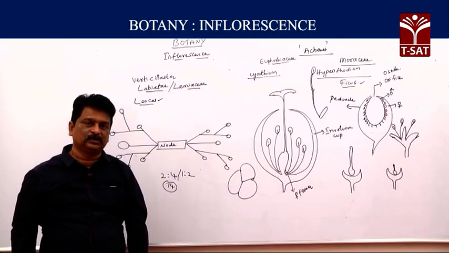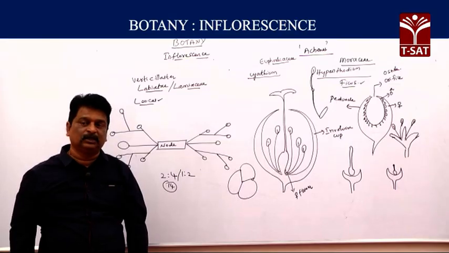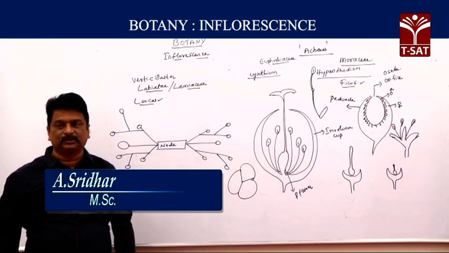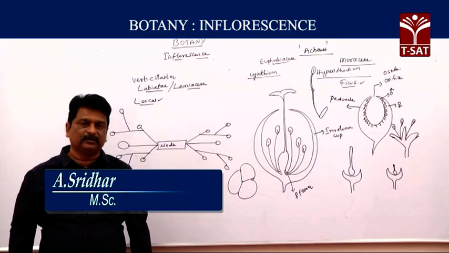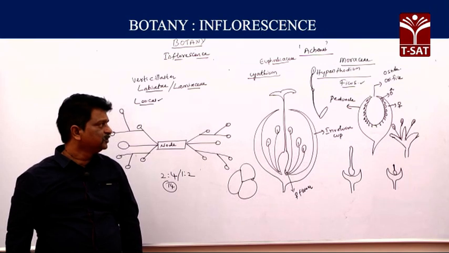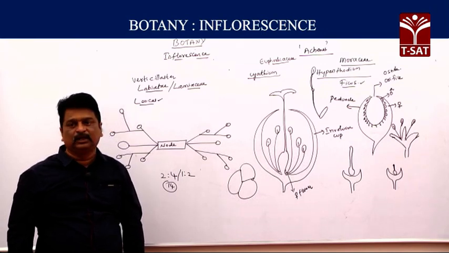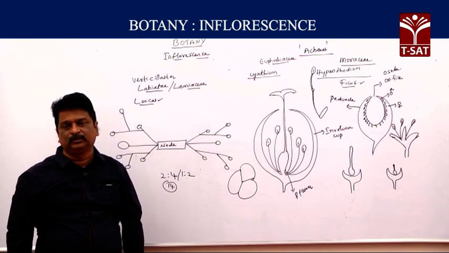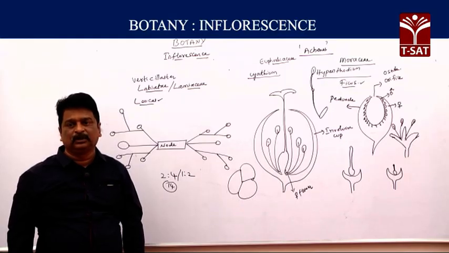In head inflorescence, flowers are sessile and centripetal. These are the differences. And if the question is which has an edible peduncle, it is spadix, and also peduncle edible in spadix, cauliflower, even hypanthodium. In this, the peduncle is edible.